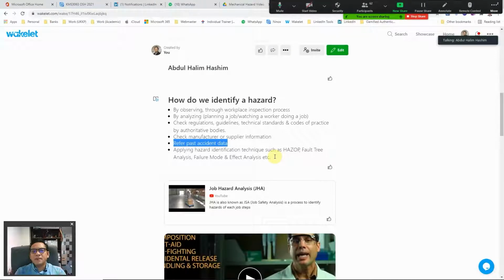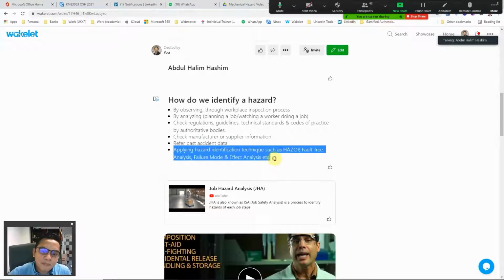There must be a pattern or a certain hazard that is so common within that organization. But for a company that has not recorded things in the proper way, collecting all the data and information about accidents, then that would be an issue. You cannot refer to it. So this is only applicable when you are working in an organization that collects data about past accidents.